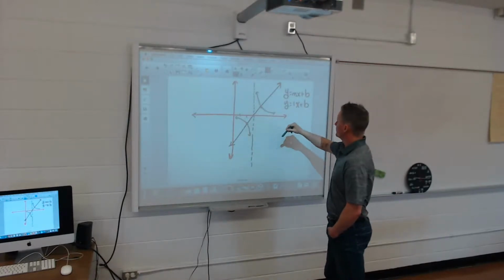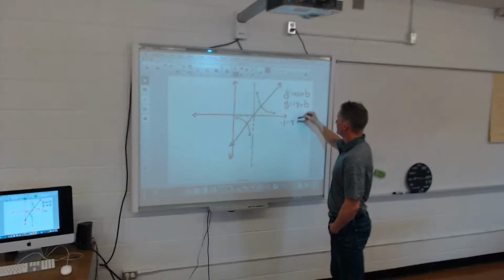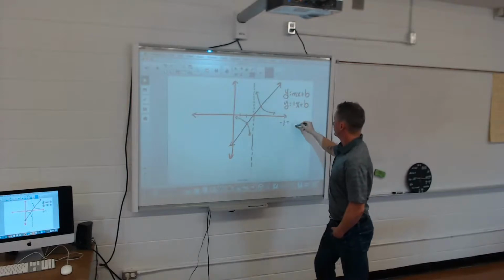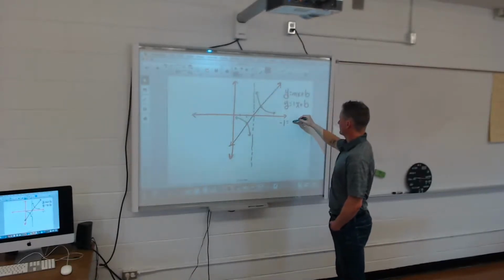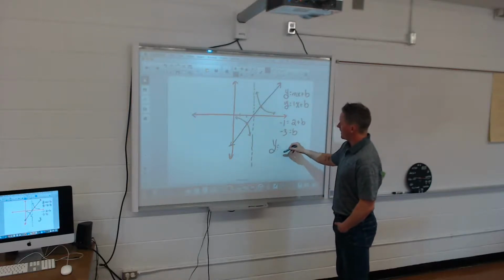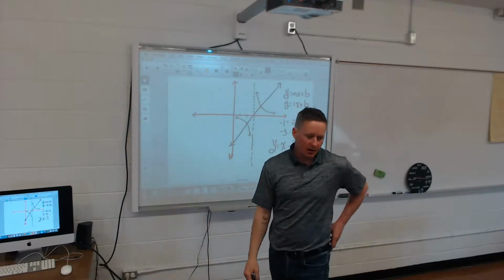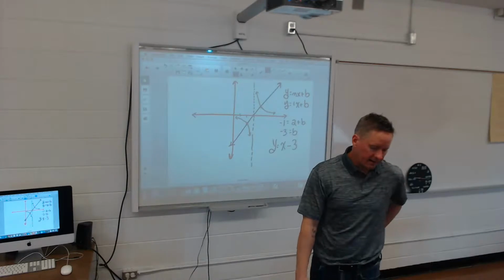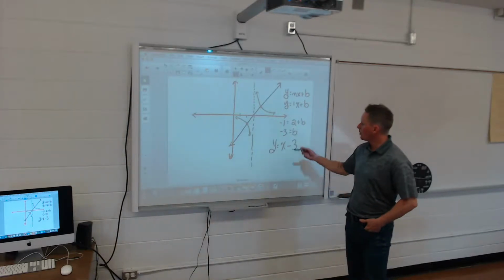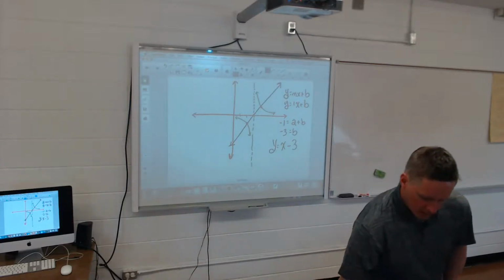I would plug in 2 and -1. B is equal to -3. The equation of that graph is y equals x minus 3. So I'm basically using my grade 10 skills to come up with the equation y equals mx plus b.